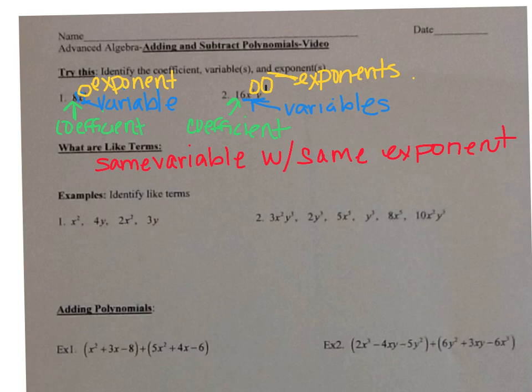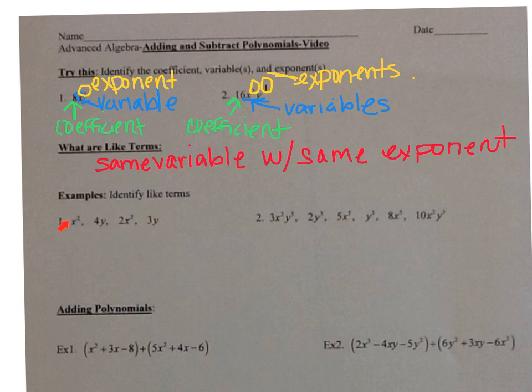All right, so I would like you to look at the examples below. The examples below say identify the like terms. So I just want you to list what are the like terms here. So I have here x squared, 4y, 2x squared, and 3y.